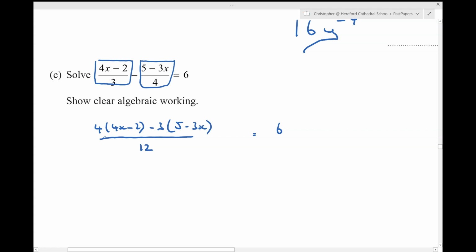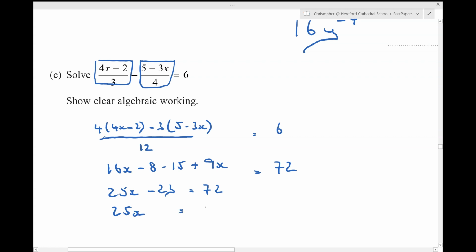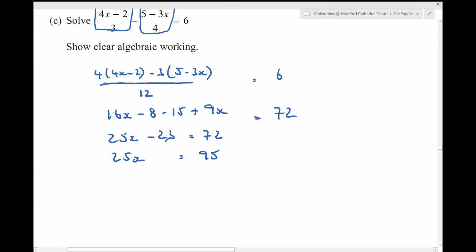Right, let's multiply both sides by 12. 6 12s is 72. And let's multiply out these brackets. So that's going to be 16x minus 8 minus 15 plus 9x. So on the left, I've got 25x minus 23. And on the right, I've got 72. Let's add 23 to both sides, gives me 95 on the right and 25x on the left.